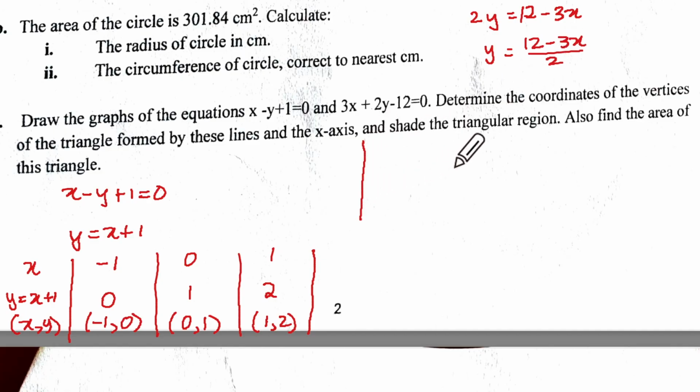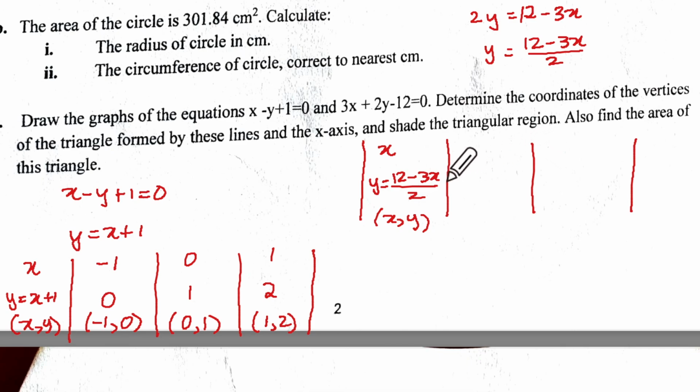Now here getting the points, is it easy? Not so easy. Some of you are getting worried. x, then y is 12 minus 3x upon 2. And the point is what? x comma y, correct?